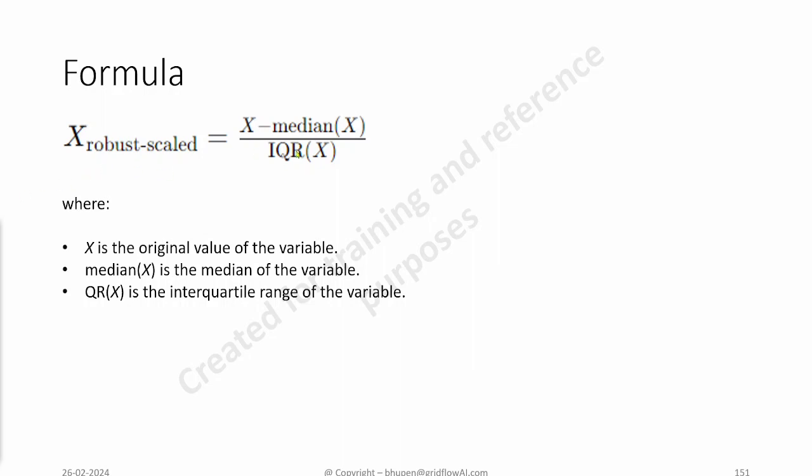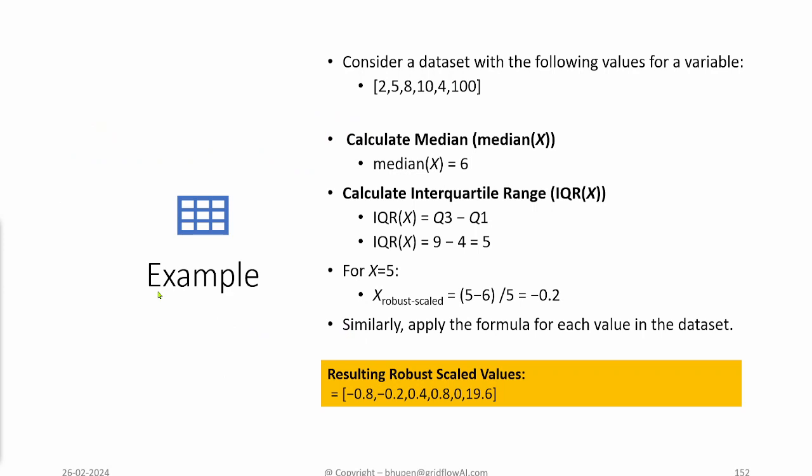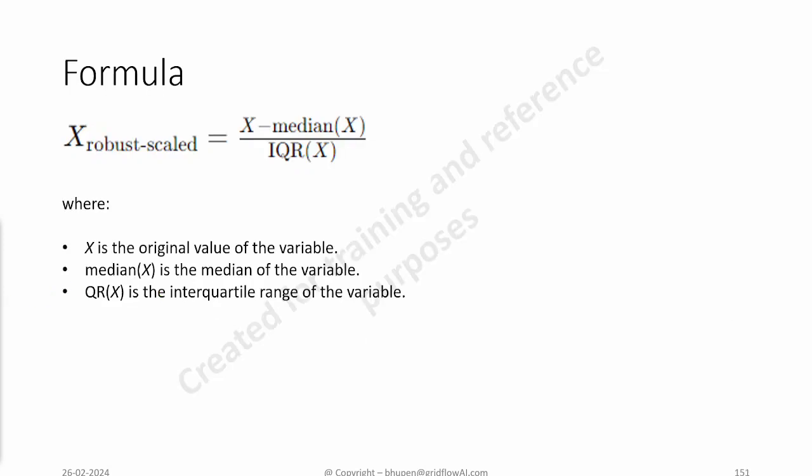So the formula is quite easy, similar to min-max scalar. The difference is here. Let me highlight where the differences are. In the min-max scalar, this is actually the minimum value that we take.